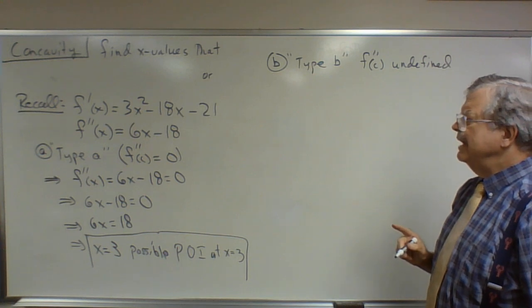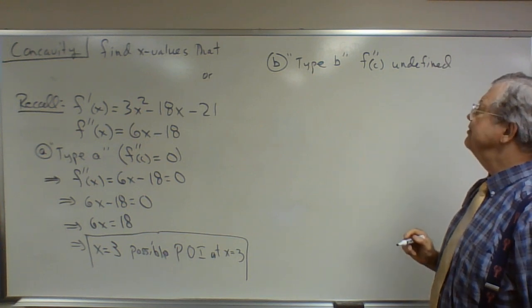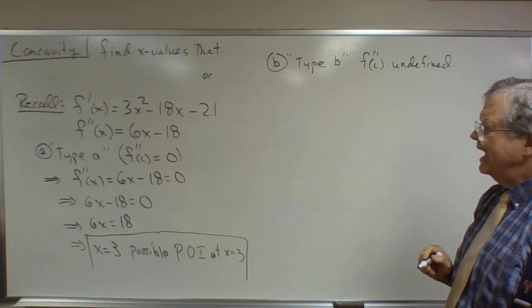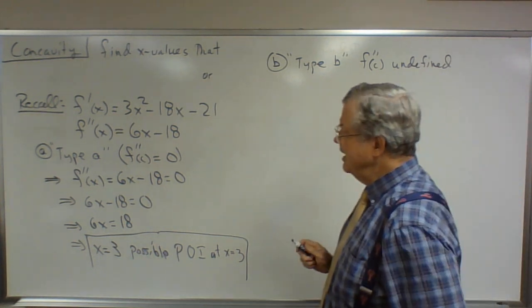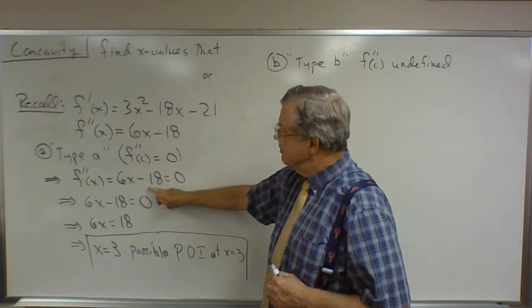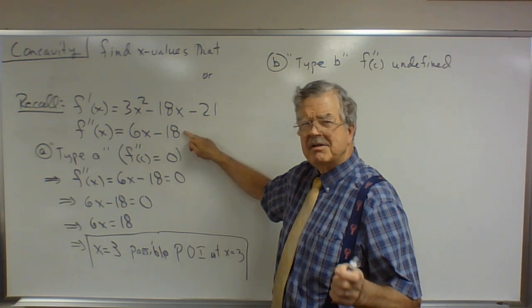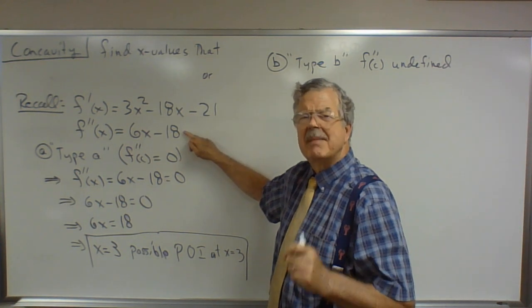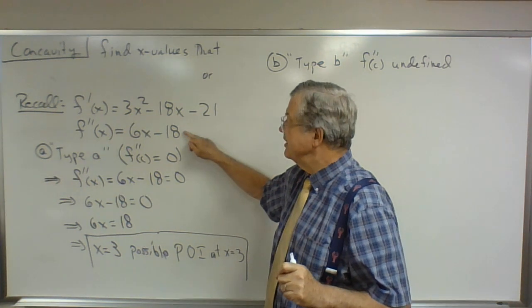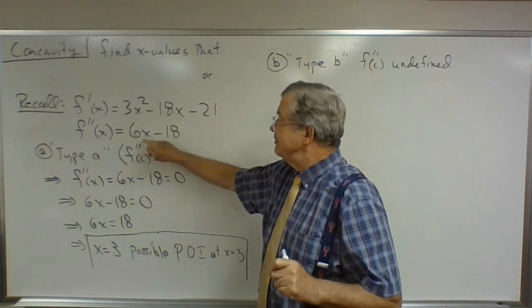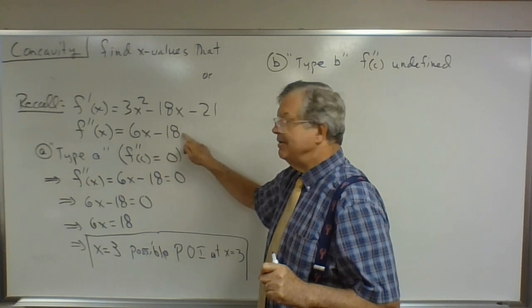In order to get a type B point of inflection, we have to have a value of x that makes the second derivative undefined. And typically, not always, but typically, that happens when we divide by 0. We have 6 times x minus 18.